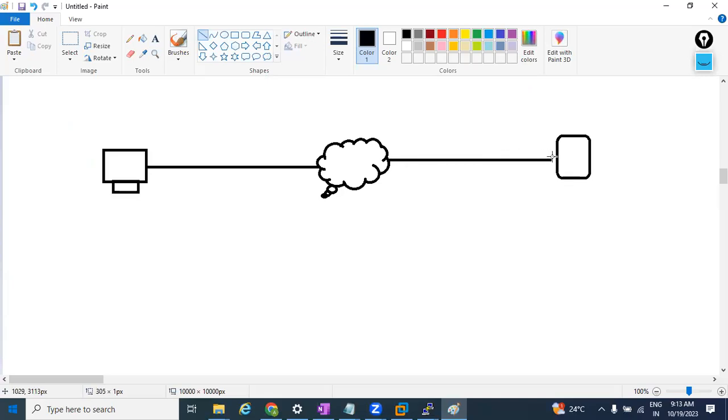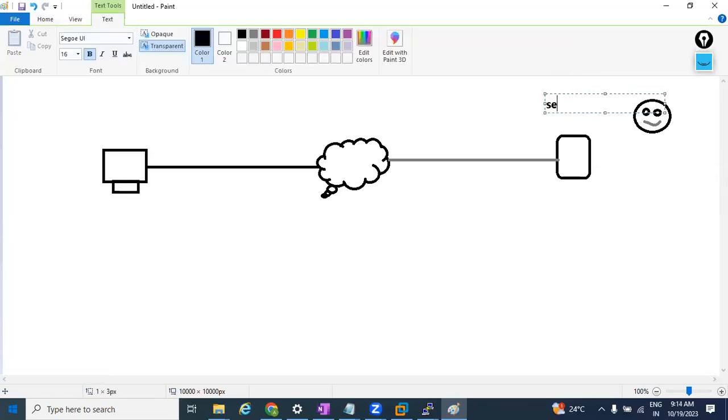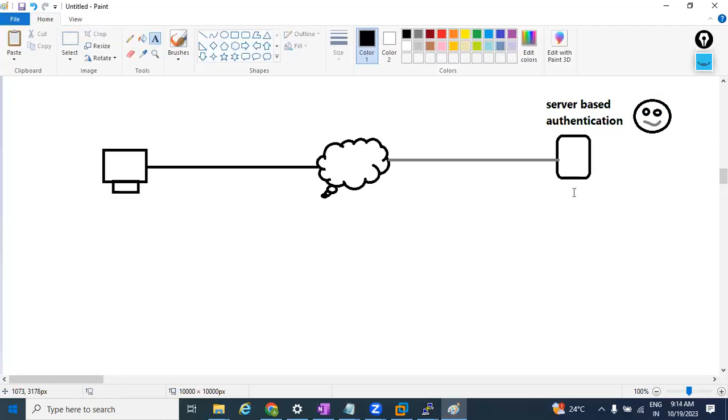Now, as a network admin of this server, I have to define which authentication I'm going to use. I'm going to use only server-based authentication, because I know billions of users are there and it's not possible for them otherwise. If they have internet, that is sufficient, and after that they can connect with me. So this server has to authenticate itself.